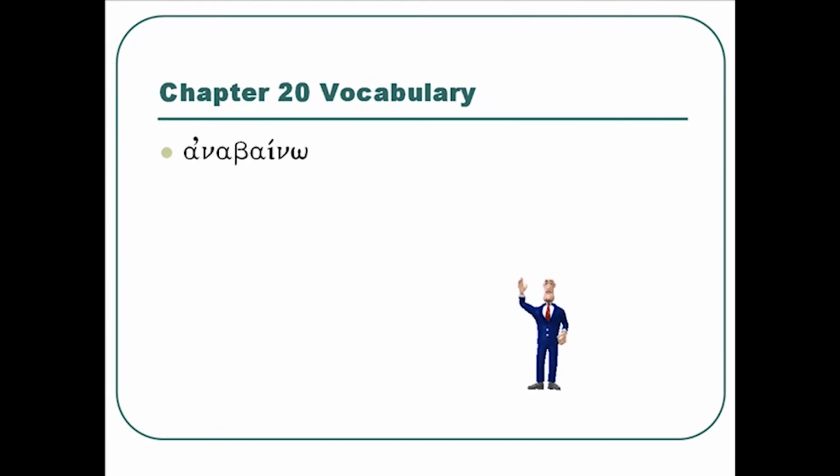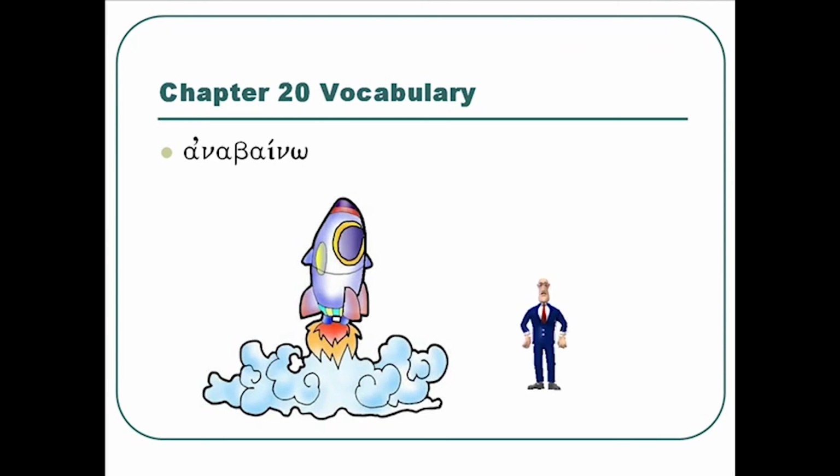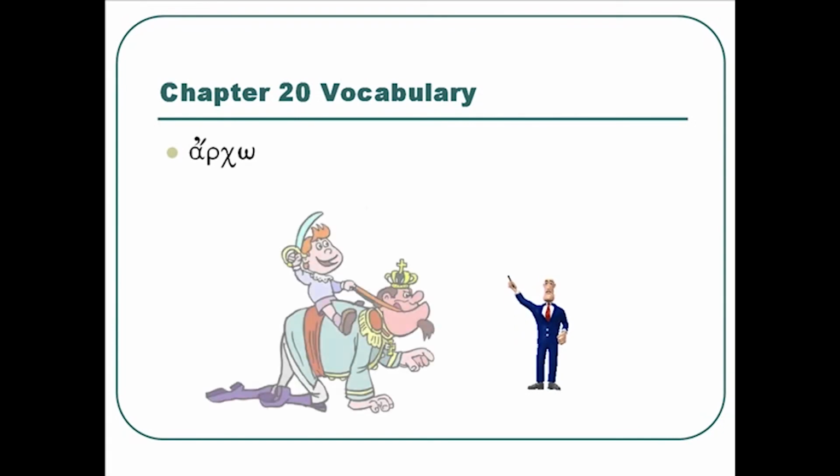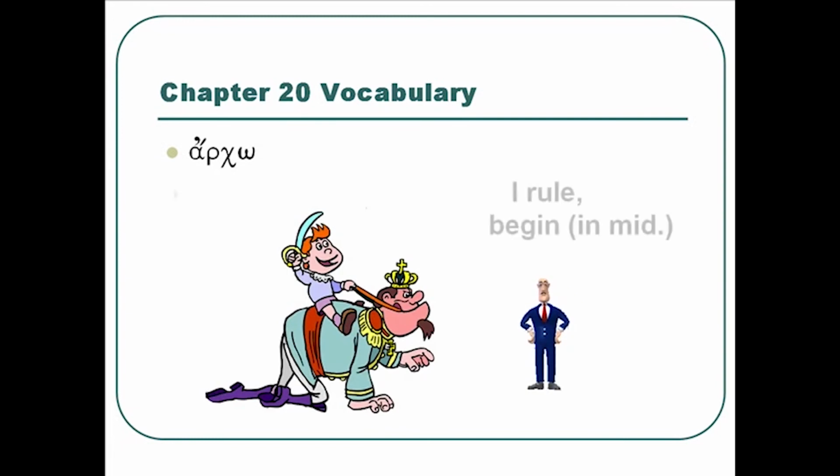The vocabulary for Chapter 20. The first word is anabino, and it means I go up. The second word is arco, and it means I rule, or begin in the middle.